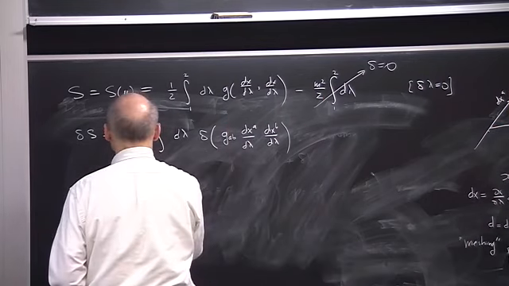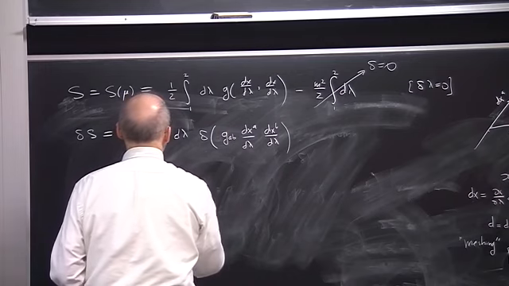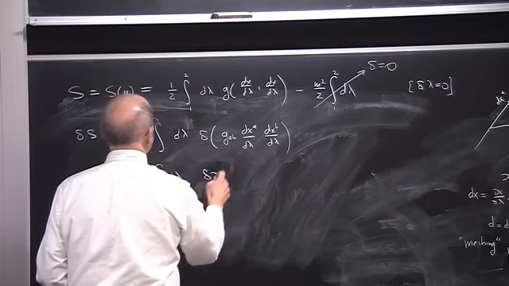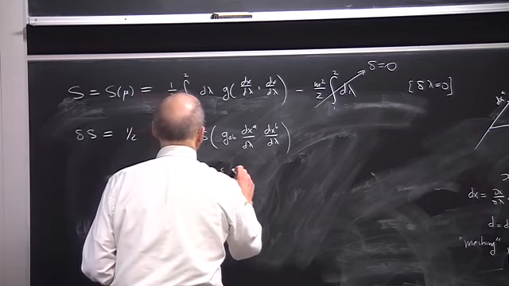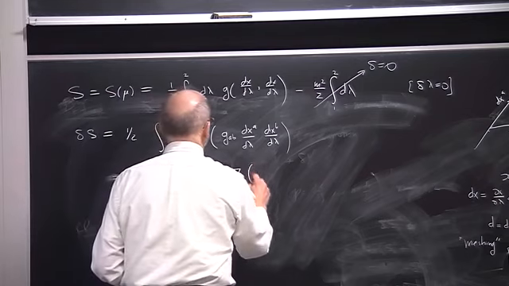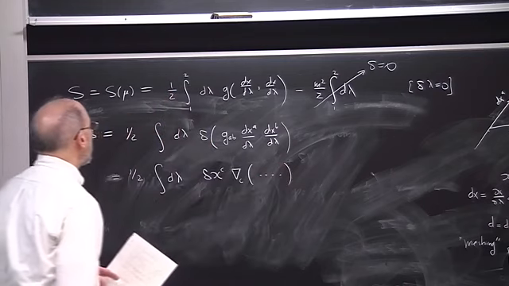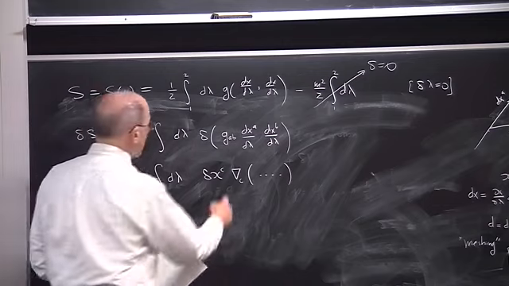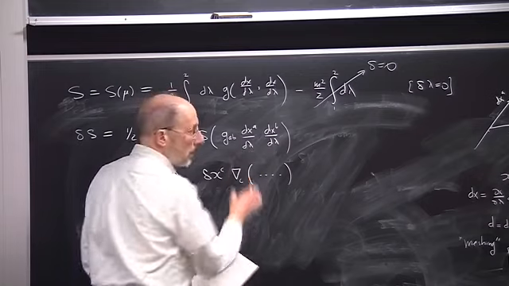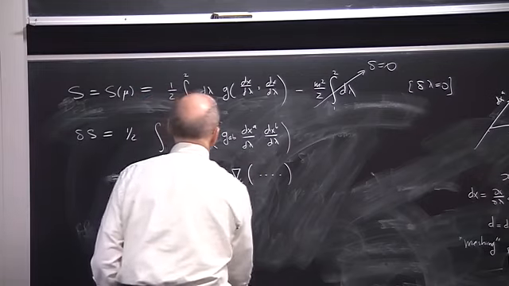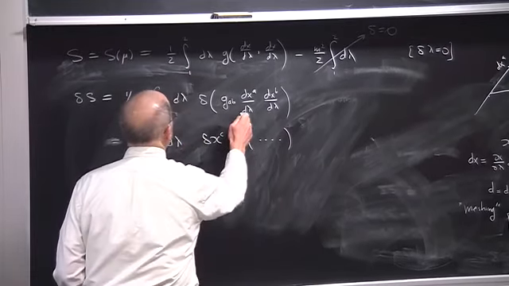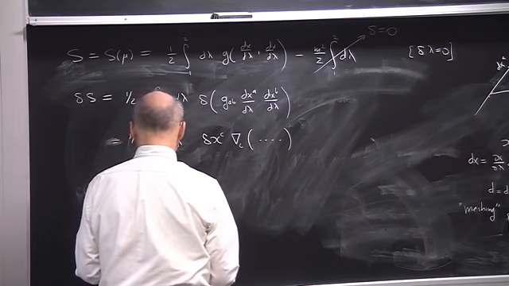So I can write that as δx^c, the variation of the world line, times the gradient of this expression, this scalar. I didn't actually have to put the covariant derivative here; I could have put the ordinary derivative. But because this is just a scalar, I want to put the covariant derivative because now I can pass it through the metric. That's the big convenience here.